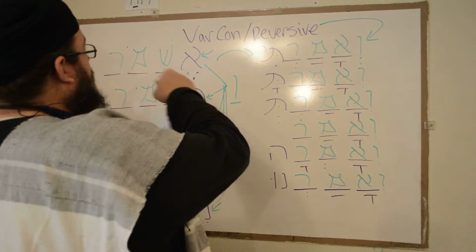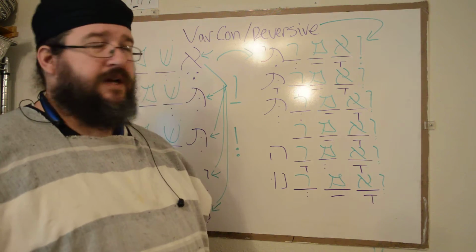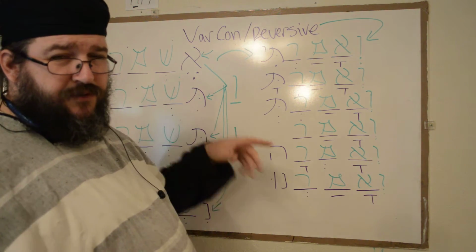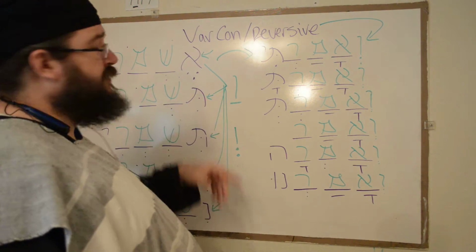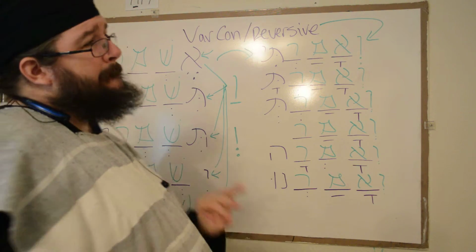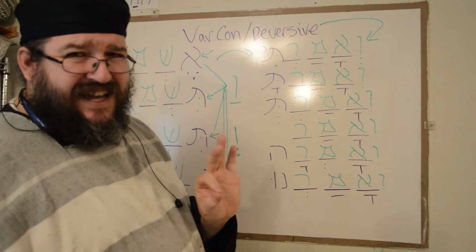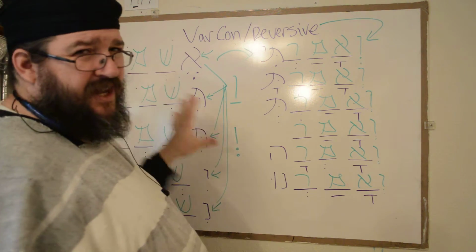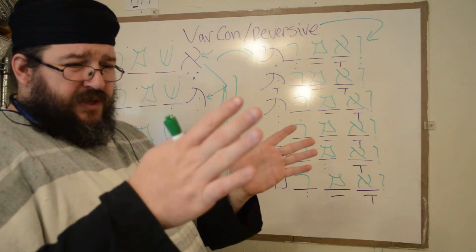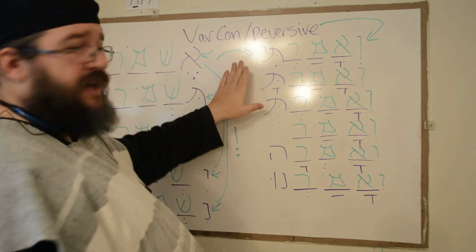When you immediately take this and you go directly to your verb chart, you know exactly how it's to be vowelized. If you see a Vav Conversive in the front of it in your Bibles, if you're reading the Torah or the Tanakh, that may have had some play in how it's vocalized, just a tad, but don't be scared, don't be frightened, because that word can only have a specific way in which it's vocalized, period, if the Vav isn't there.